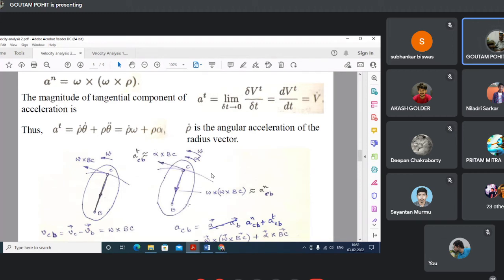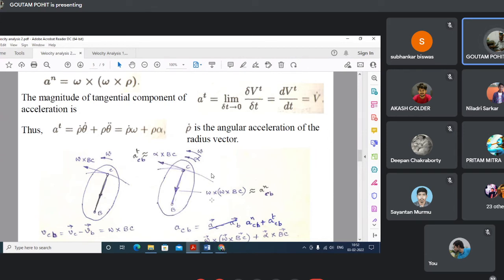At the same time, it will always have a normal component of acceleration, which is towards B from C. This is called the normal acceleration.